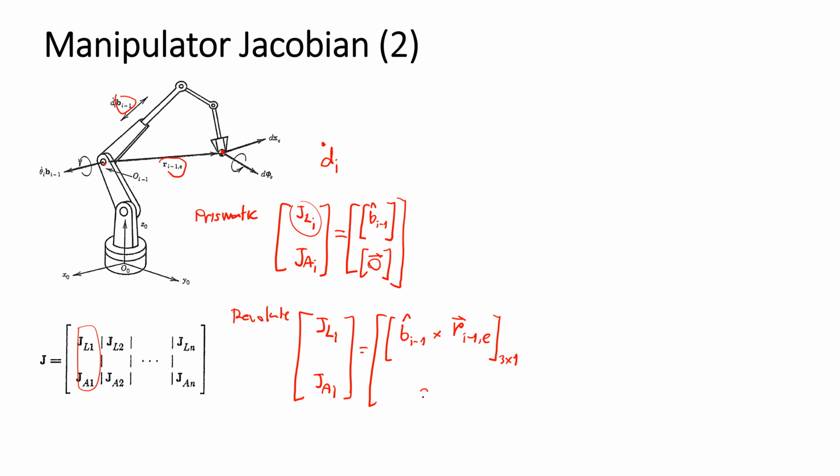So it will be the unit vector, and yes, it's a 3×1 vector. The total dimension is 6×1. Okay, until now, we're almost at the end. The problem is, what is the unit vector, and what is the relative position vector?